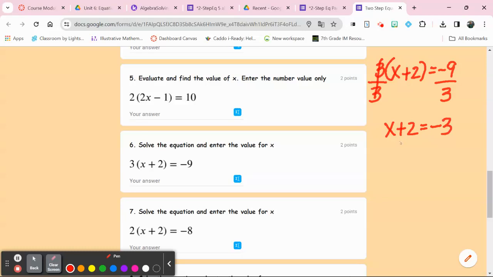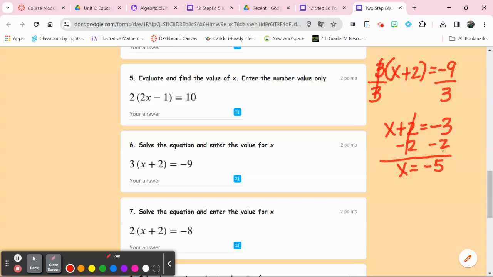The opposite of a positive 2 is a negative 2 to both sides. That cancels out. Same signs. Remember, when we're on this side, we're always going to be adding when we have the same signs. Same sign, keep the sign, add the numbers, negative 5.